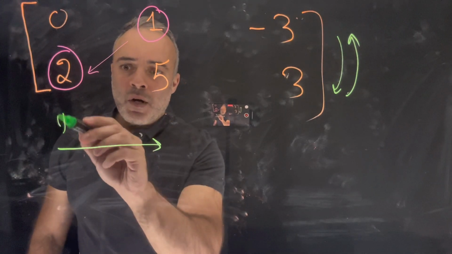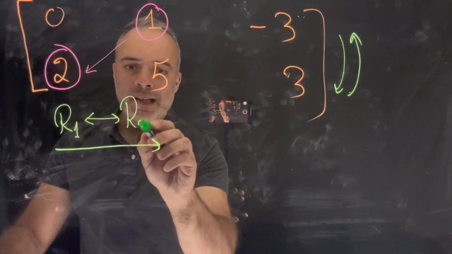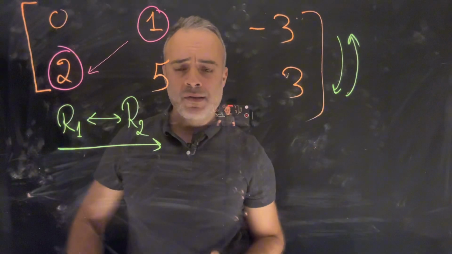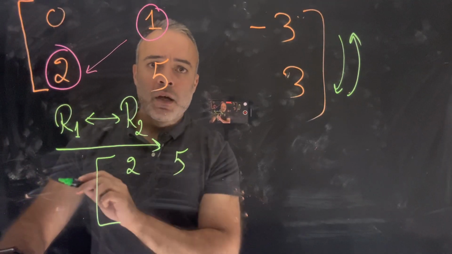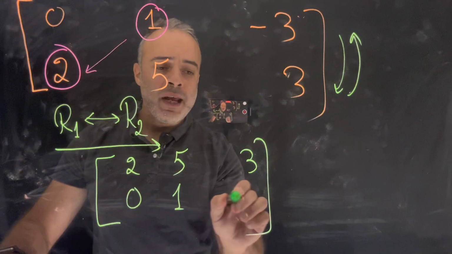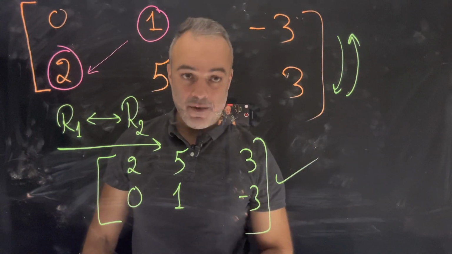So R1, I will interchange it with R2. As we said last time, whenever you put this double arrow, this means I'm swapping two rows. And this becomes 2, 5, and 3, and 0, 1, and -3. And yes, this is in the REF.